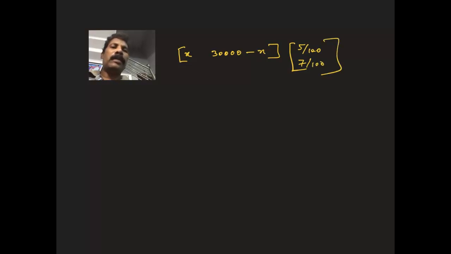Now the interest obtained from the first type of bond is 5% of this amount, and from the second type of bond we have 7% of this amount.